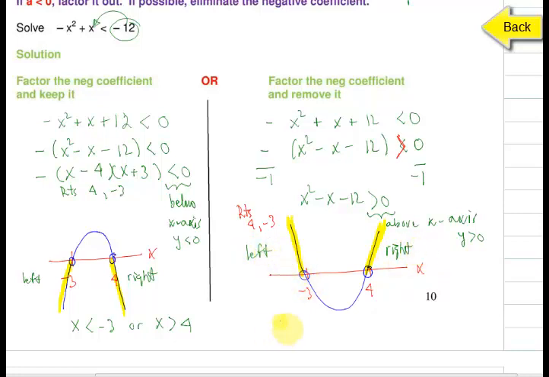So left of -3 are those numbers which are less than -3. And numbers to the right of 4 are numbers that are greater than 4, so where x is greater than 4. And there is your solution. Okay, so we will take a look at some other examples on the next page in the next video.